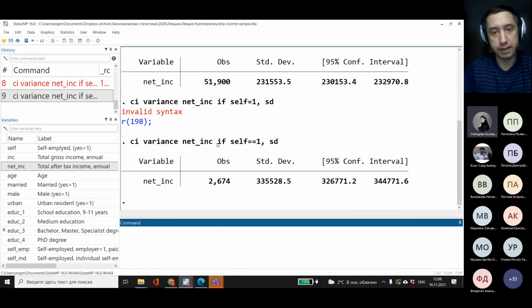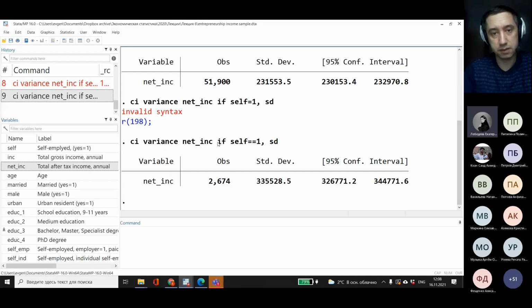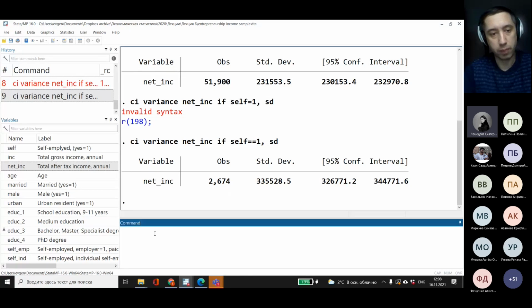If I add an if statement, if my variable self-employed is 1, this is the standard deviation for my entrepreneurs. And look, it is also pretty narrow, because probably I have a lot of observations in my sample. Well, this is about the confidence interval.